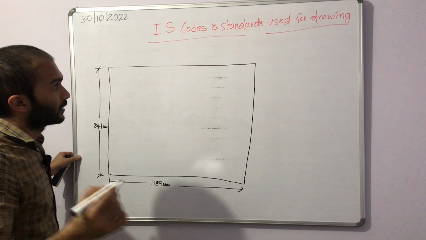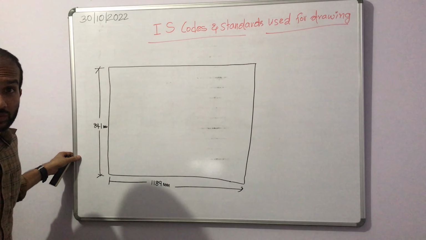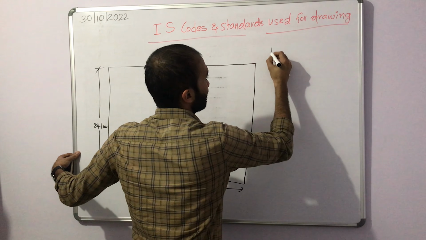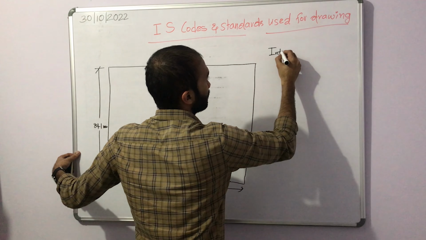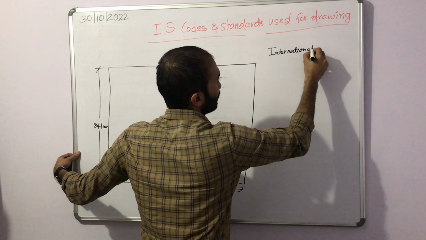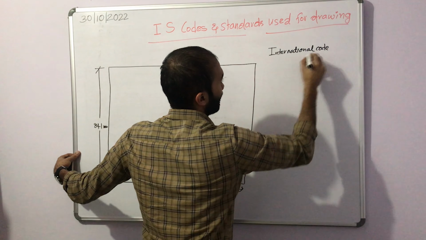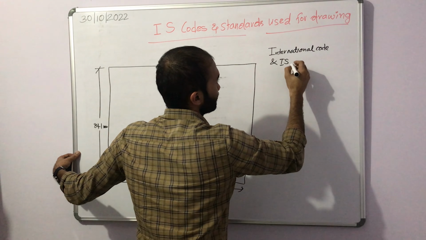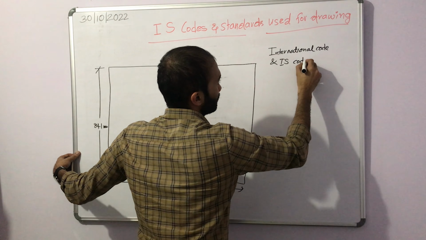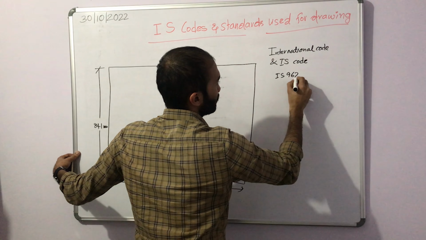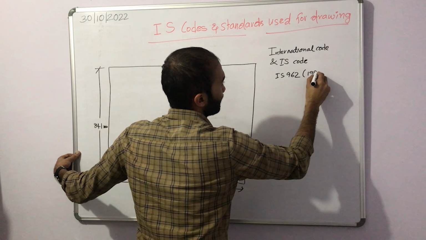These categories are made by compiling international codes and our IS codes, like IS 962:1989.